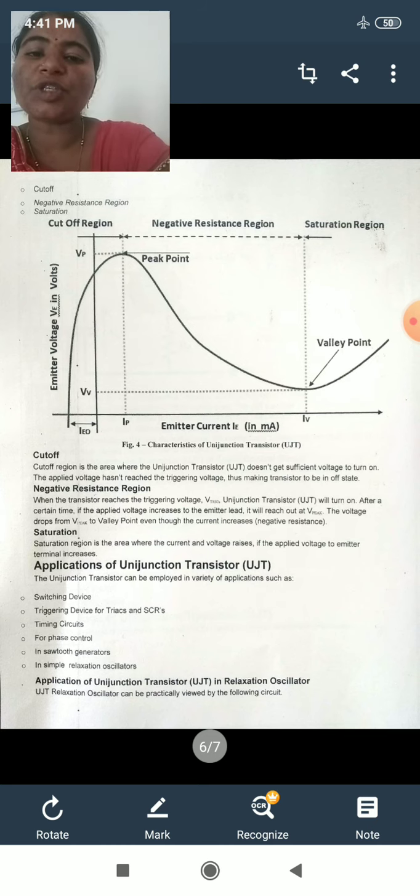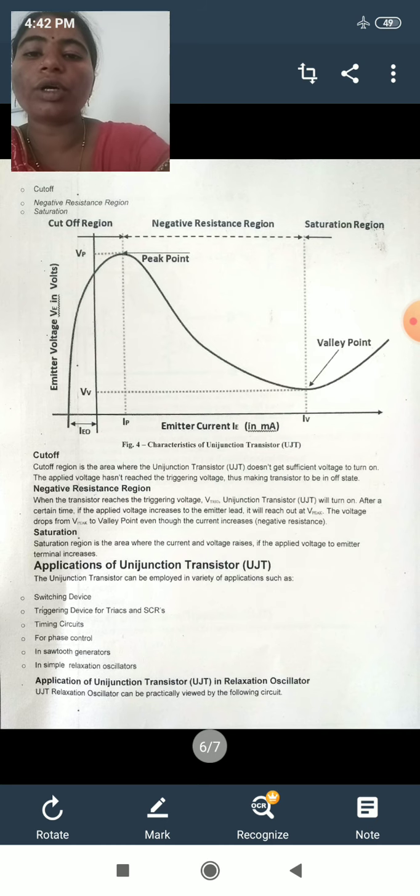Up to a specific limit it will go on decreasing, and after some limit, as the emitter current increases, the voltage again goes on increasing. This point is called the valley point, and the current at this valley point is called the valley current, and the voltage at this valley point is called the valley voltage.